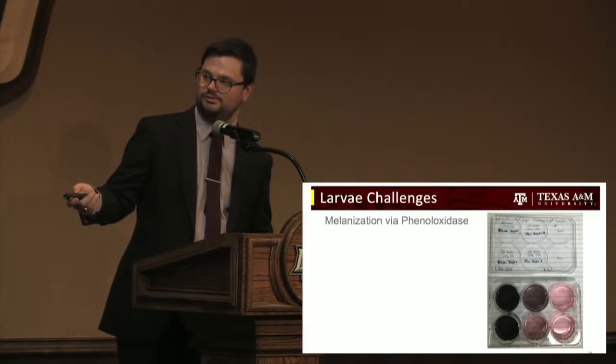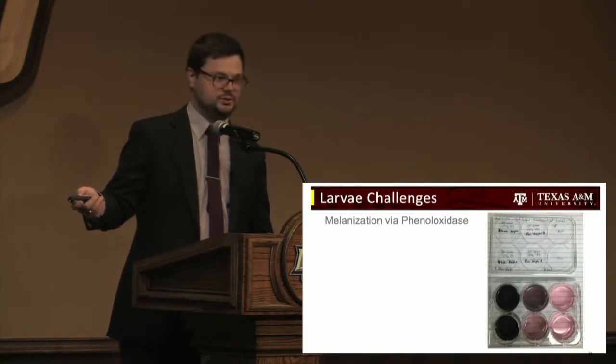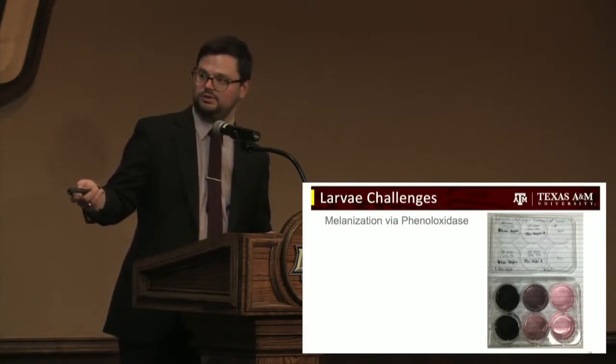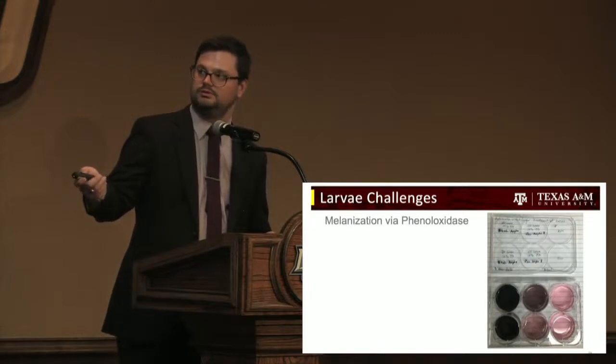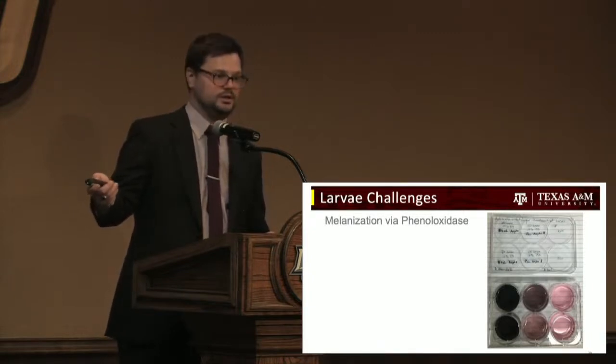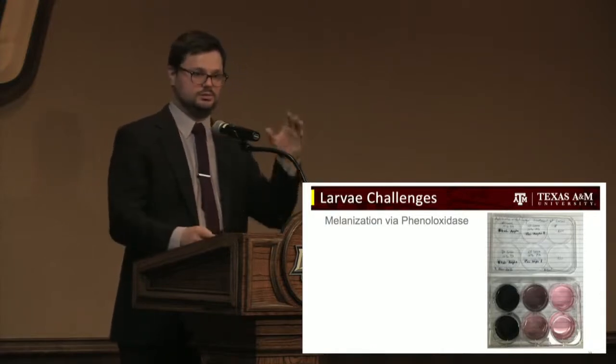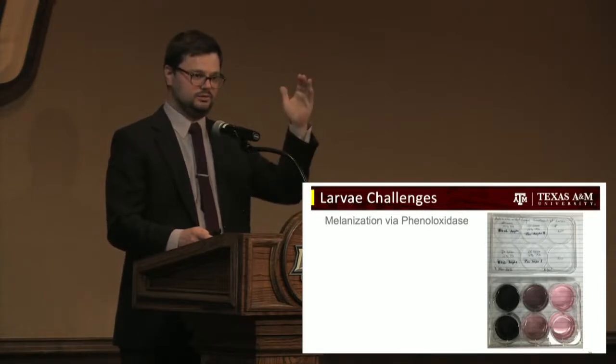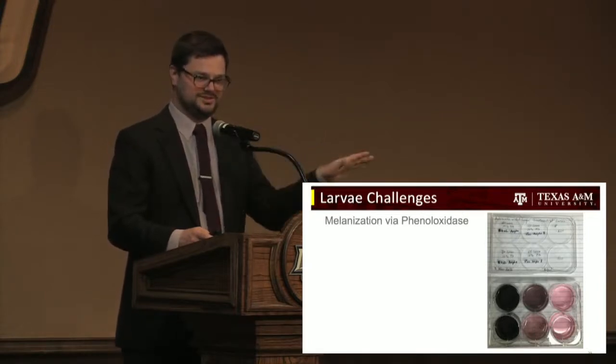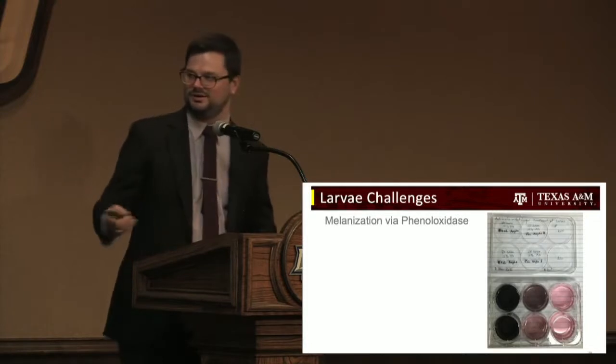So these are some eviscerated larvae very soon after I had eviscerated them. But if you just let it sit, then this phenyloxidase, which is the enzyme that catalyzes the melanization, will just melanize everything, and the whole thing turns black. Microscopy works by passing light through, so if everything's just black, it's not great for microscopy.